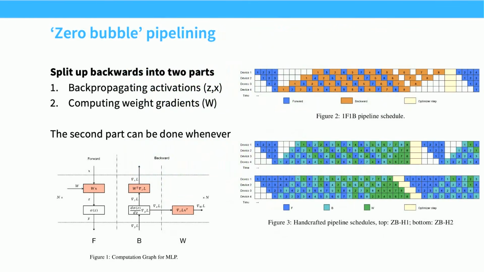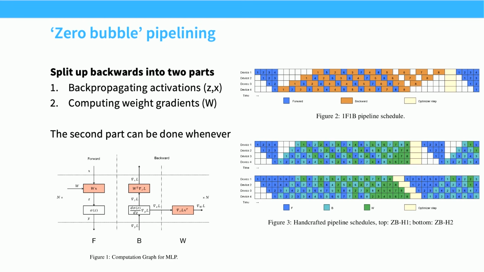But I think the even more clever thing that you can do, which is called zero bubble pipelining, is not really about scheduling per se, but it's actually about thinking carefully about the structure of your backward pass. So in the backward pass, there's really two things that have to happen. If you think about it, you're going backwards in your computation graph. And as you do that, you're going to do two things.